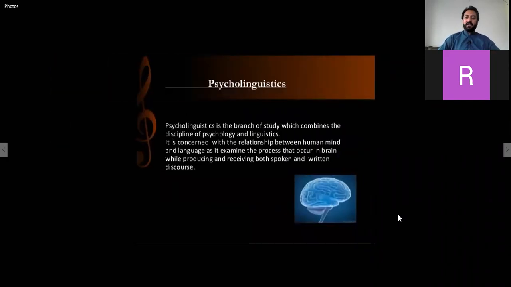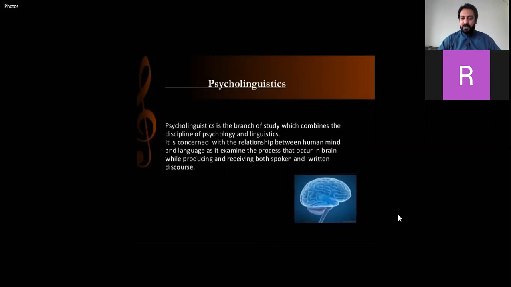So, psycholinguistics is the branch of study which combines the discipline of psychology and linguistics. Linguistics, you people already know, is the scientific study of language, and psychology is basically the study of human mind, the study of human brain.